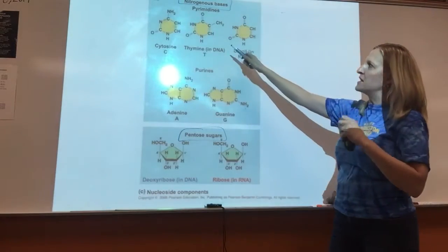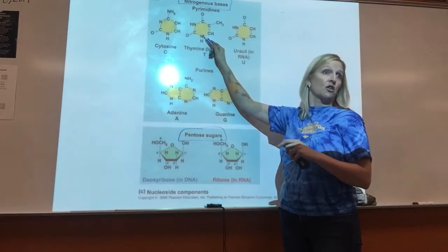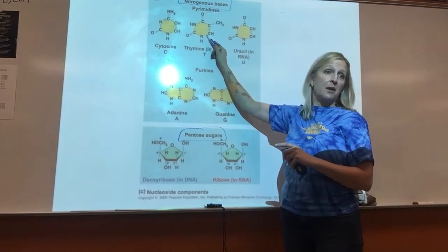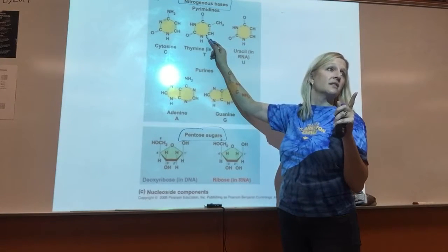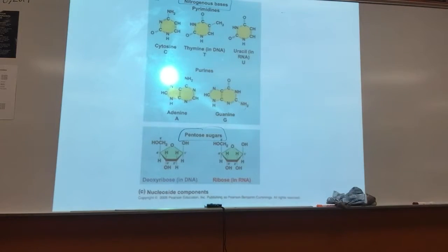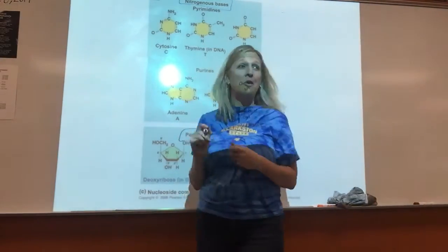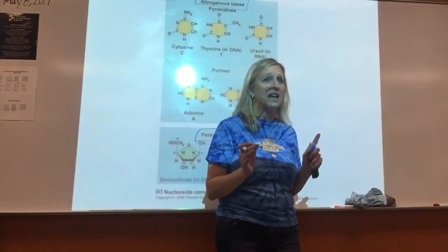When you see this as a ring, some people think, oh, it's a sugar, because it's ring shaped. Sugars don't have what? Nitrogen. So these are the nitrogenous bases. You probably remember A, T, C's, and G's from DNA.